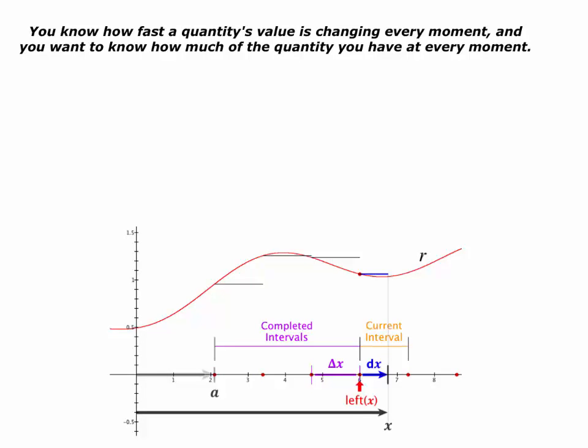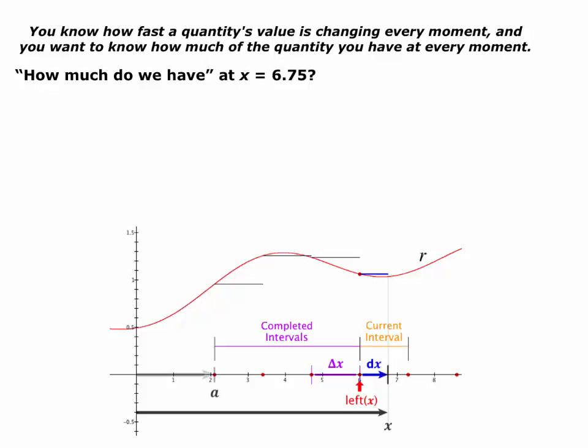Okay, so you know how fast the quantity is changing every moment. You want to know how much of it you have. So here's looking at when the current value of x is 6.75. We want to know what the accumulation is at every single moment. Well, let's pick one moment and figure out what the accumulation is at that one moment. But then all the others will be just like it, right? So this is one example, 6.75.